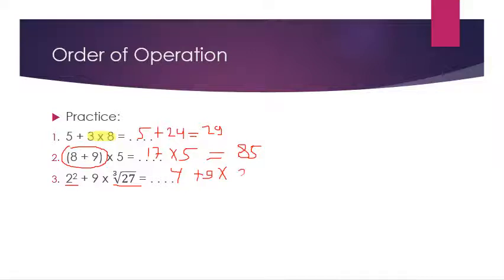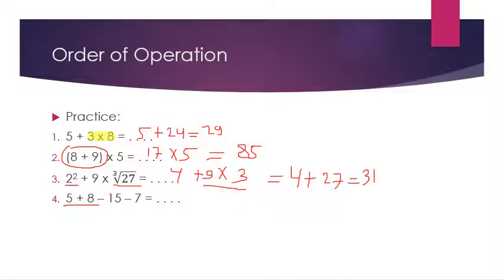It is 3, because 3 multiplied by 3 multiplied by 3 is 27. So now we can do the next step, which is addition or multiplication. Yes, multiplication. So 4 plus 27 equals 31.